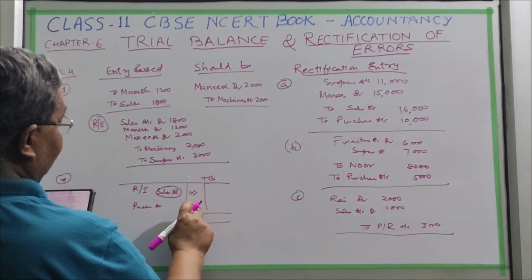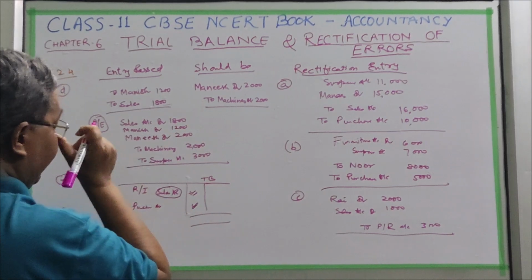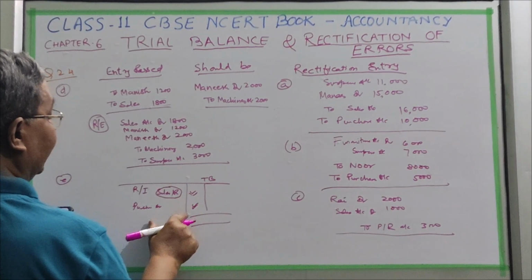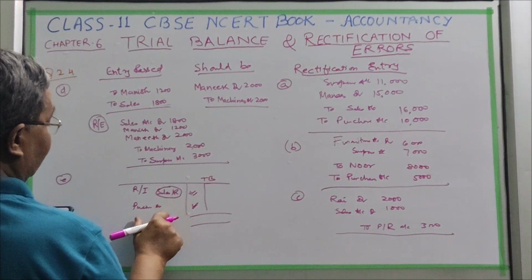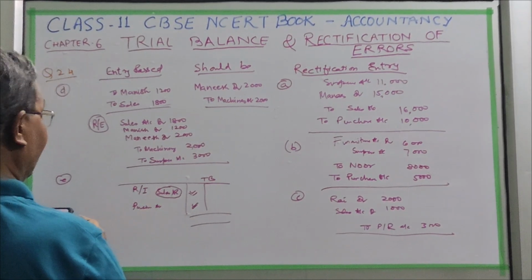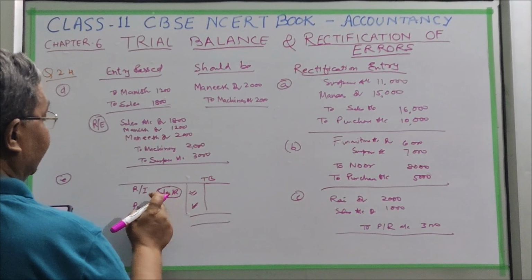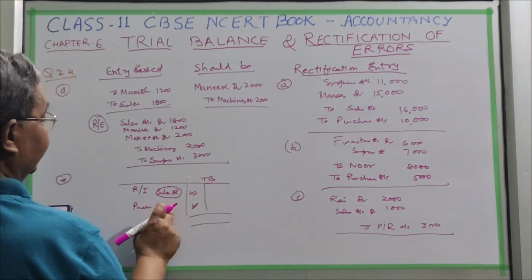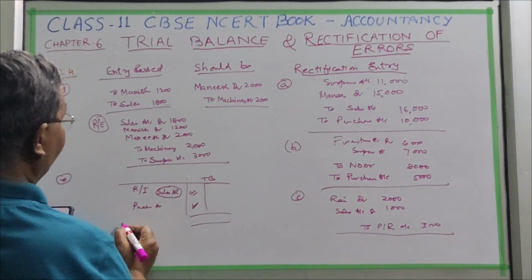So purchase account books total is now wrong. So what you have to correct in the trial balance. So correct in the trial balance means you have to debit purchase account and debit this account and credit this account. It will be over.